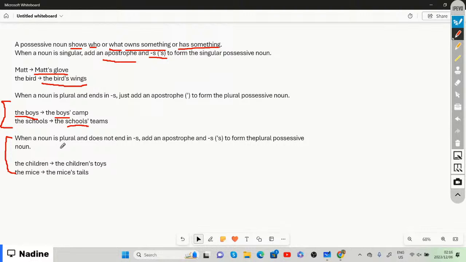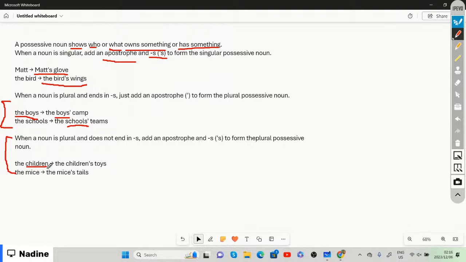For example, the children. So children is a plural. It shows more than one child, right? But children, as you can see, it's almost like the wording has changed.